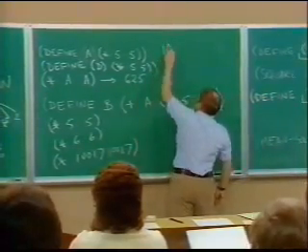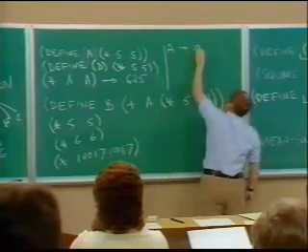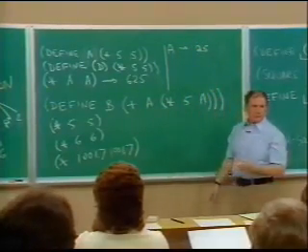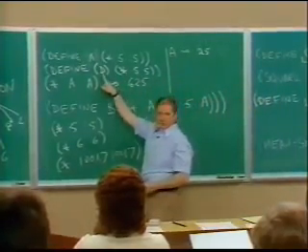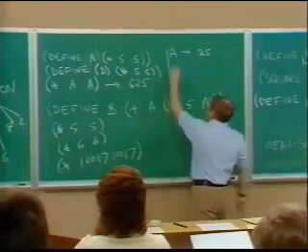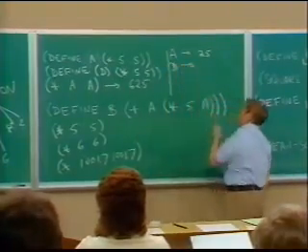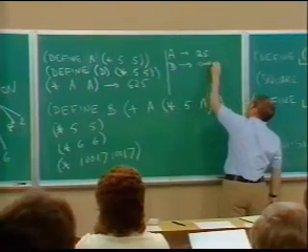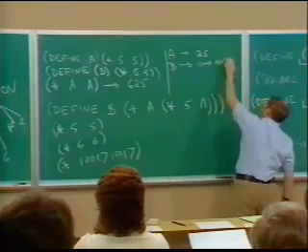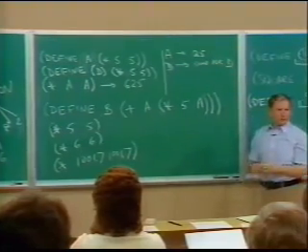I could type in A, and Lisp would return 25. I could type in D. If I just typed in D, Lisp would return compound procedure D. Because that's what it is.